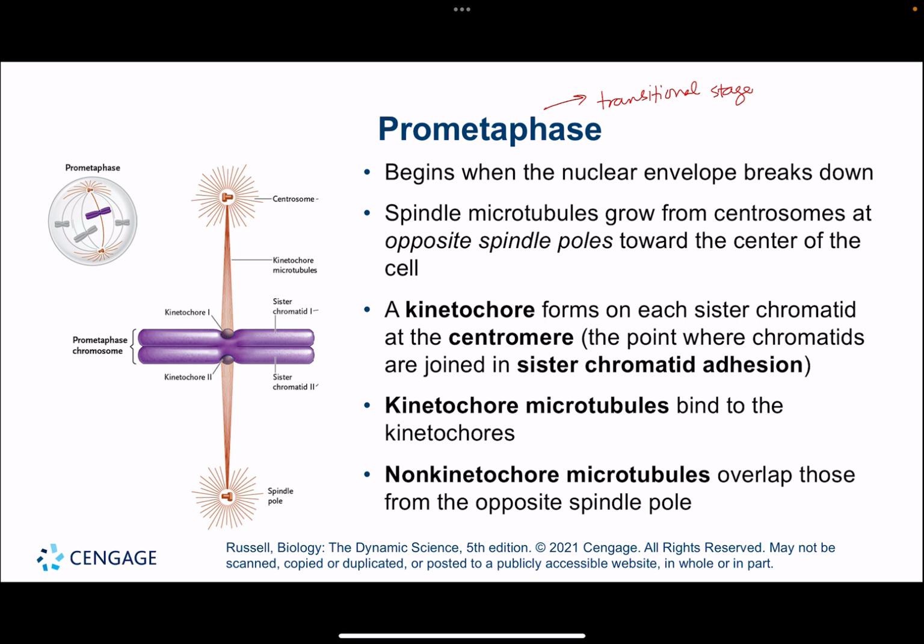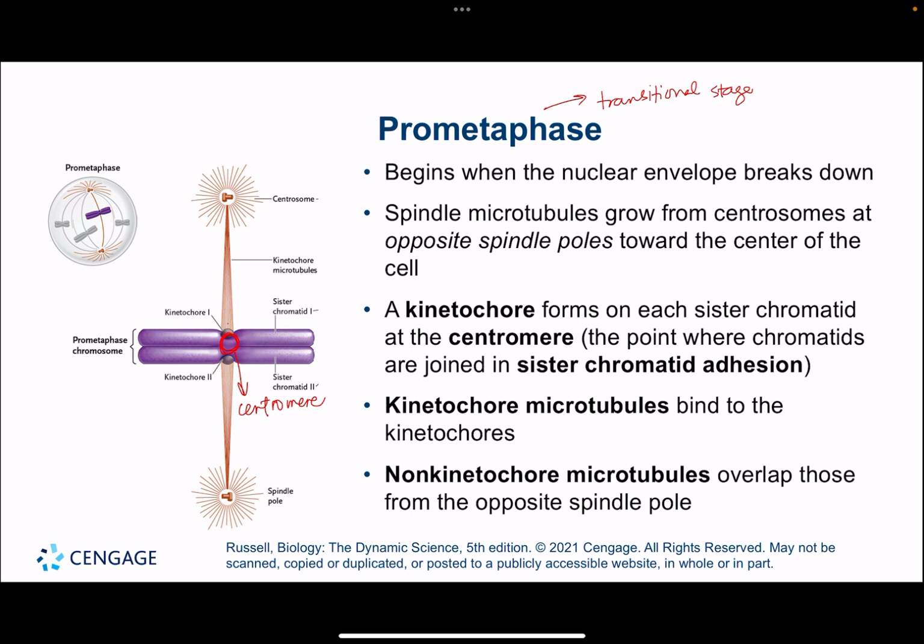If you remember, the centromere is this primary constriction here at the middle of our chromosome. That's the centromere. So the proteins will assemble at the centromere and form structures called kinetochores. So we have kinetochore 1 and then kinetochore 2, one for each side of the centromere.